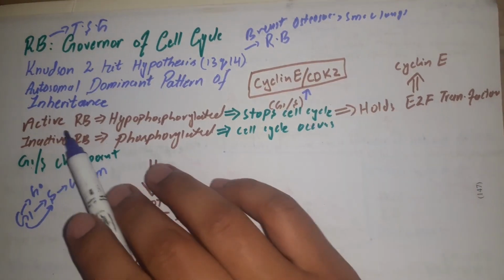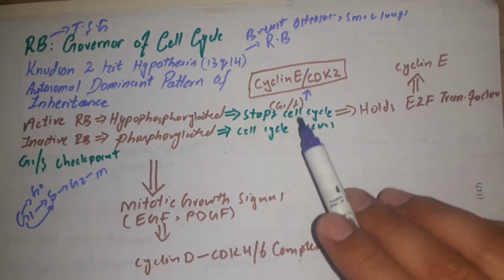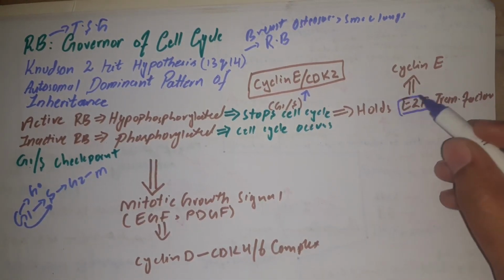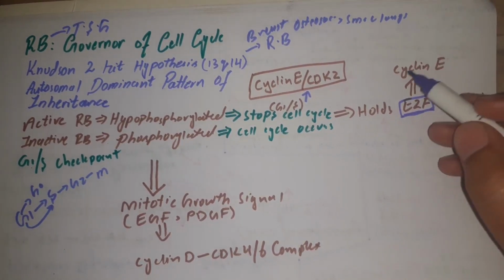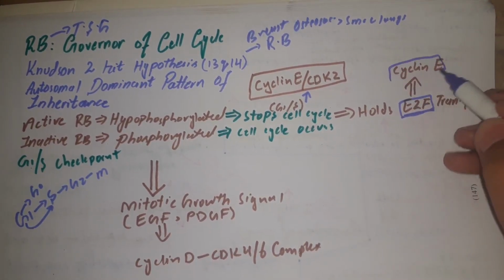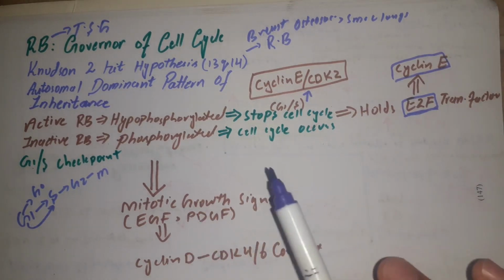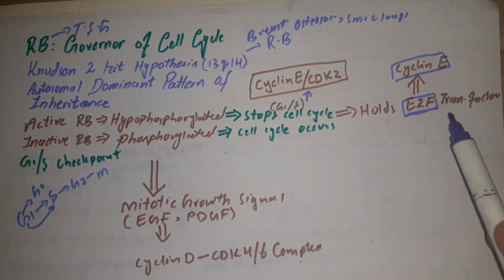When retinoblastoma is hypophosphorylated and active, it stops G1/S transition by holding the E2F family of transcription factors. These are the specific transcription factors which lead to the translation and production of cyclin E proteins. Okay, so activated retinoblastoma stops G1/S transition by holding the E2F family of transcription factors.